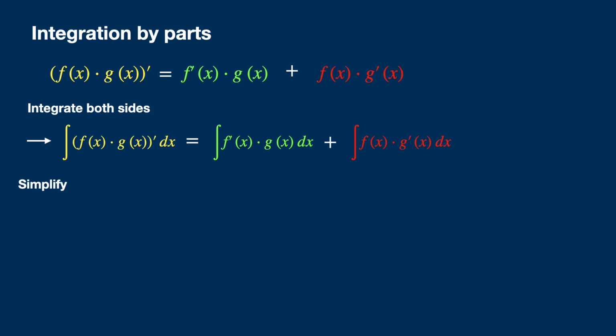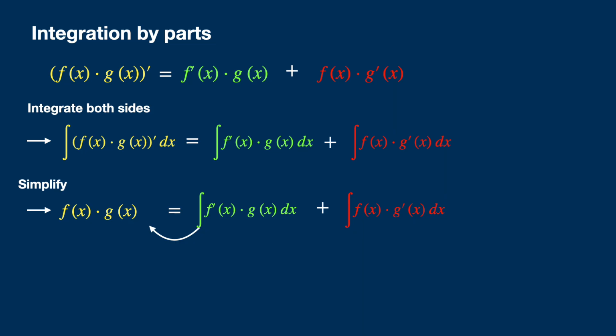We first find the derivative of f(x) times g(x) and take the integral, which means that's going to be f(x) times g(x). Then the right side is exactly the same. Now I'm going to move the integral of f'(x) g(x) dx to the left side. So you have f(x) times g(x) minus the integral of f'(x) g(x) dx equals the integral of f(x) times g'(x) dx.